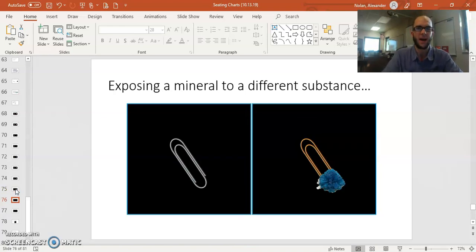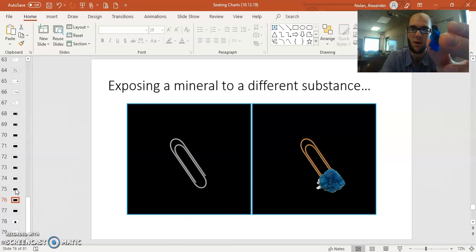The other really odd thing that we observed was that when we took copper sulfate, some of you guys used paper clips, which are made of steel, as the cradle for your seed crystal. And then some of you used pipe cleaners.